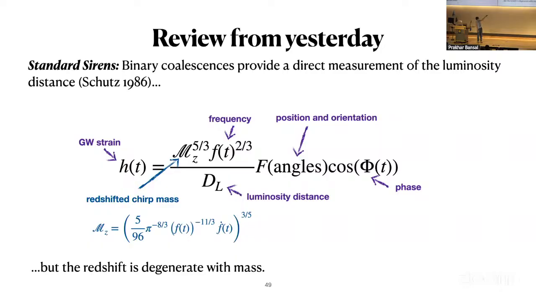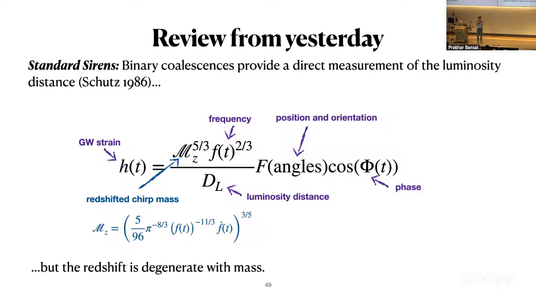This redshifted chirp mass, which we can read off directly from the frequency f of t and the frequency derivative f dot, sets the intrinsic loudness of the gravitational wave signal.